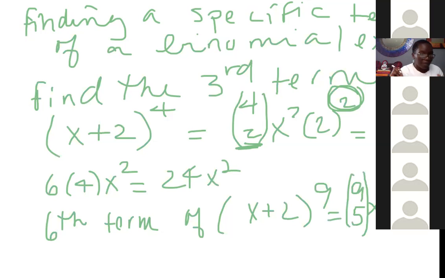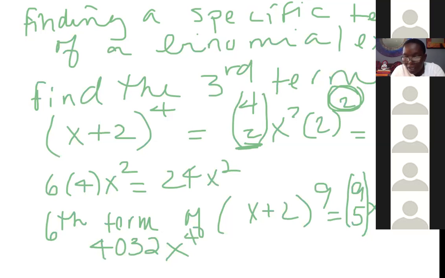So somebody throw that on a calculator for me. It's 4,032 x to the 4th power. 4,032 x to the 4th. All right, people. Oh, wait a minute.